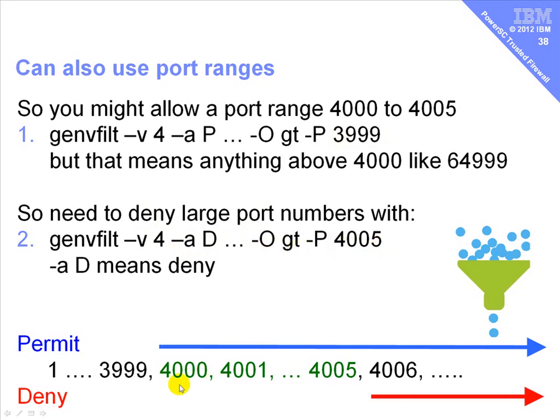So in my diagram here, we're going to permit everything above 3999, and we're going to deny everything above 4005, so only the green numbers in that range are now allowed as possible destination port numbers.